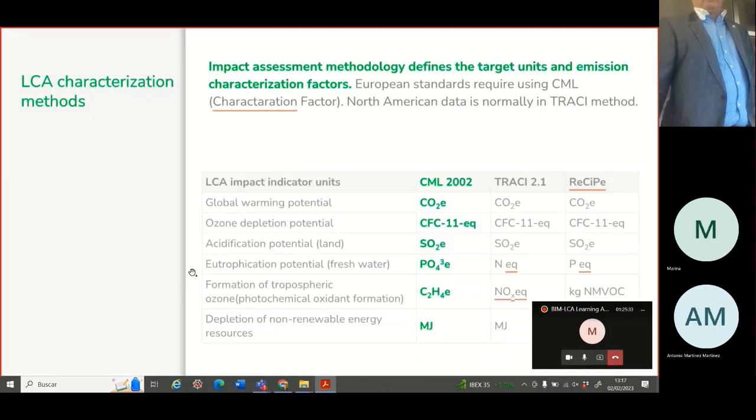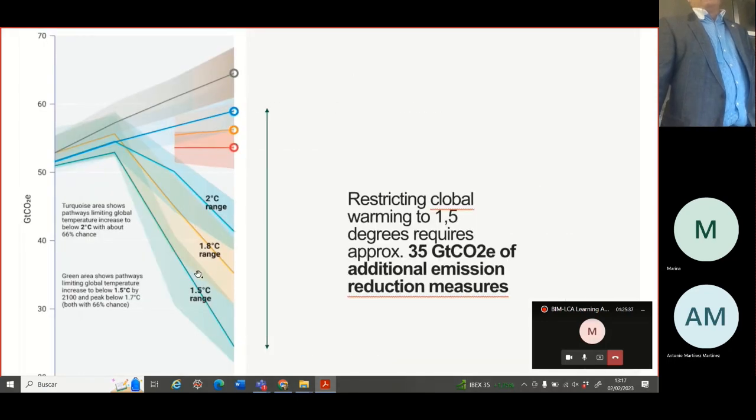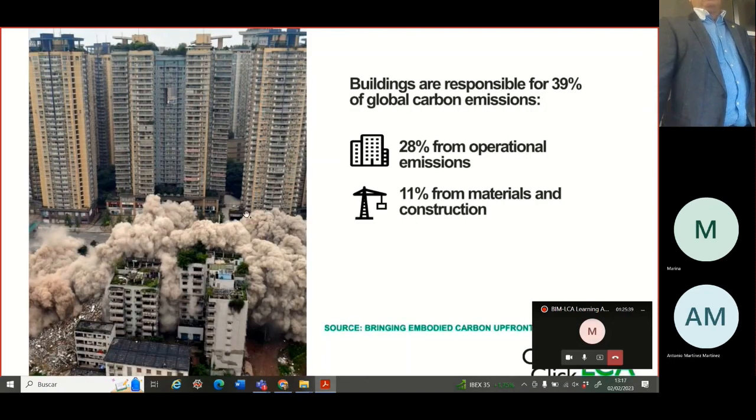So let's make this. This is also something to remember. That's the problem with CO2, and why buildings are the main targets, because 28% comes from operational emissions, 11% from materials and construction. So the construction phase consumes a lot.